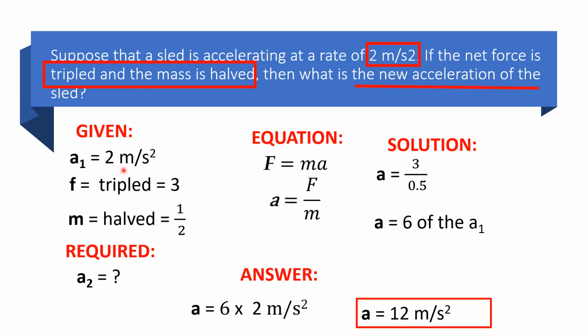So, from the acceleration of 2 meter per second squared, it increased to 12 meter per second squared. Kasi nga sabi, kapag nag-increase ang force, mag-i-increase ang acceleration. So, yung mass, binawasan natin, bumaba ang value ng mass, yung acceleration, tumaas siya. So, this also depicts the relationship of force, mass, and acceleration.